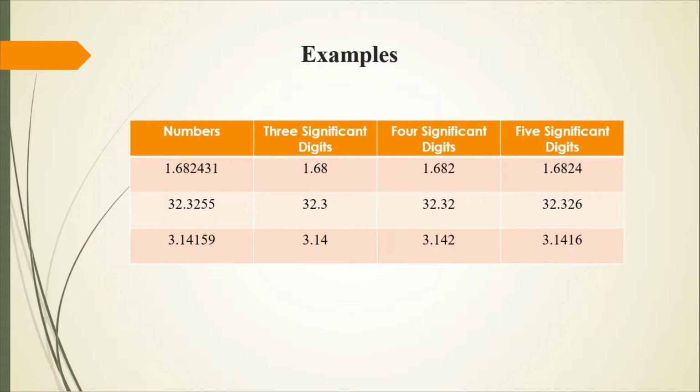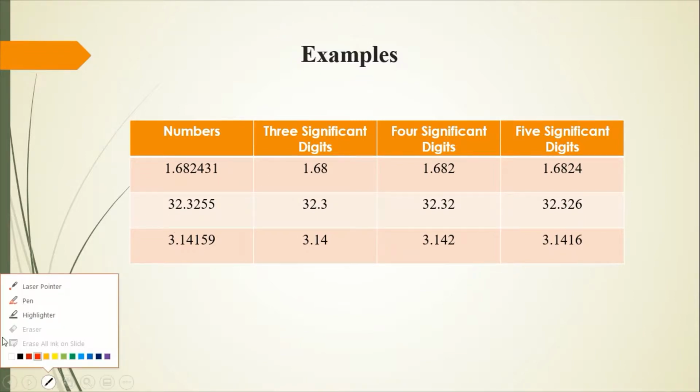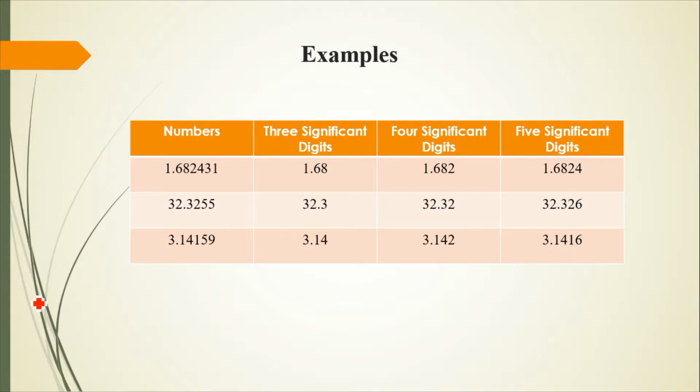In these examples, we have to round off these numbers to 3 significant digits, 4 significant digits and 5 significant digits. The first example is 1.682431. We have to round off this number to 3 significant digits. That means we have to check the digit at the 4th place, that means 2. It is less than 5.